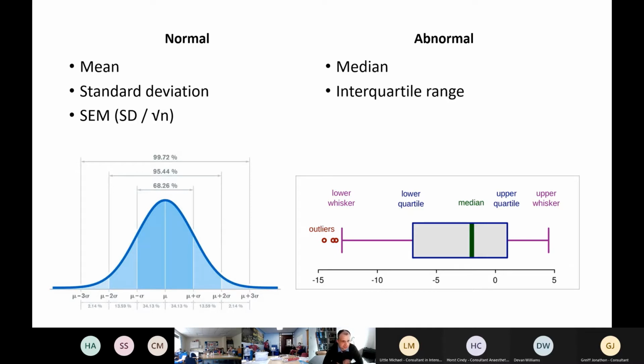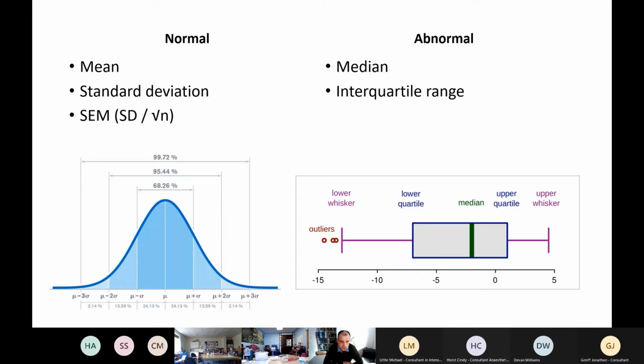So 68% roughly of numbers in a parametric distribution will fit within one standard deviation. Two standard deviations represents 95.4% or just 95%, and nearly all the numbers are within 3 standard deviations in a parametric spread of data.